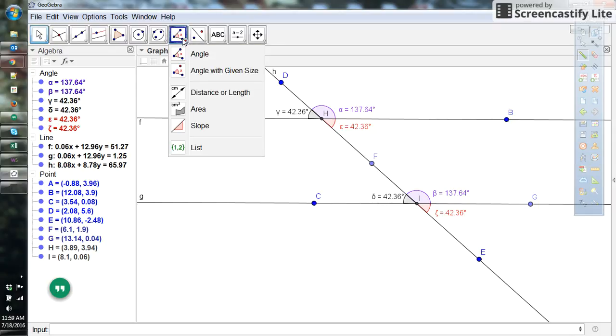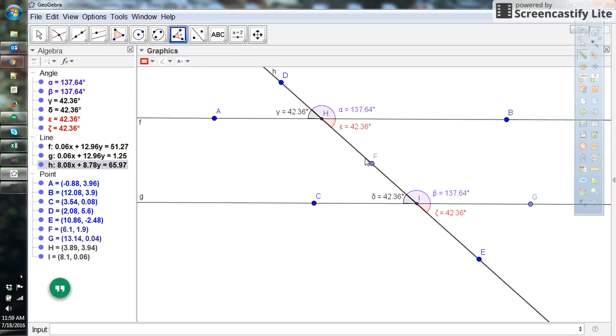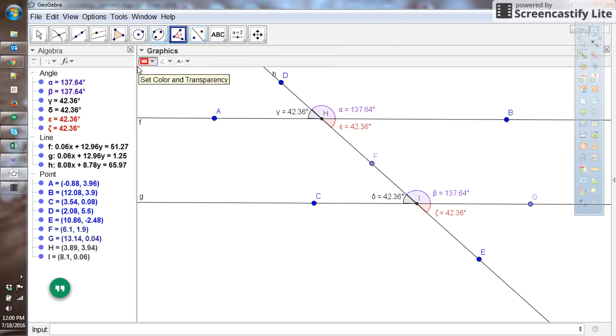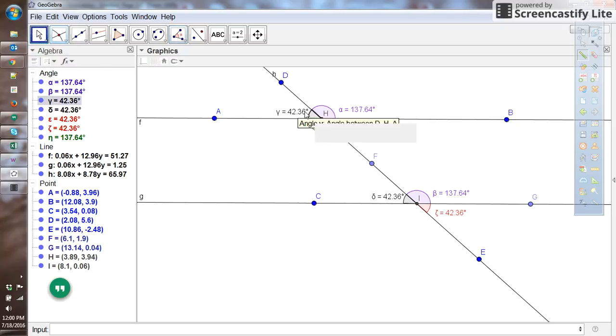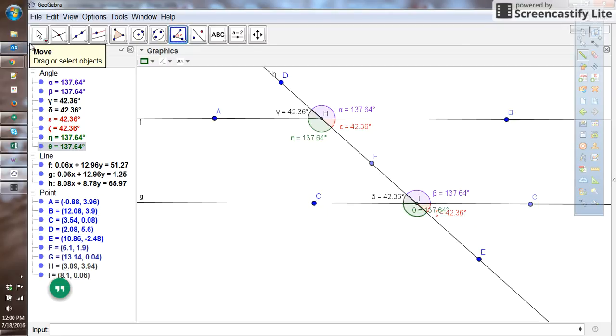And we got one more pair to draw out here. Let's change that color. We could do this dark green. Okay. That one's 137.64. And this one is also 137.64.